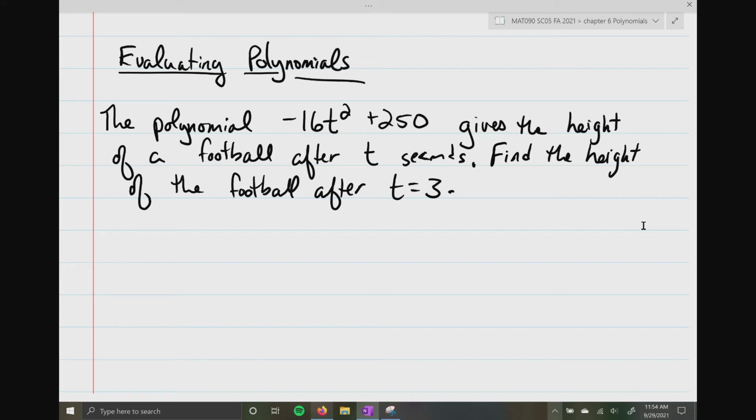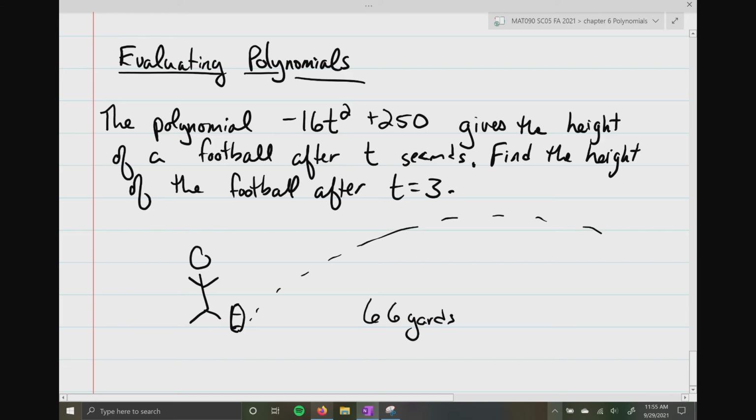However, and this is my great artistic ability here, there's the football right there. Not only did he kick the football 66 yards, but it actually hit the goalpost and bounced over. So it was a good field goal. Now, I don't know if you're a sports fan, but you live for stuff like that, because it's just so awesome. You're like, oh my gosh, you did it, right?